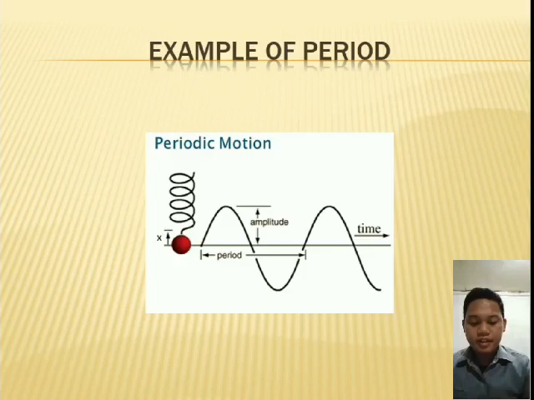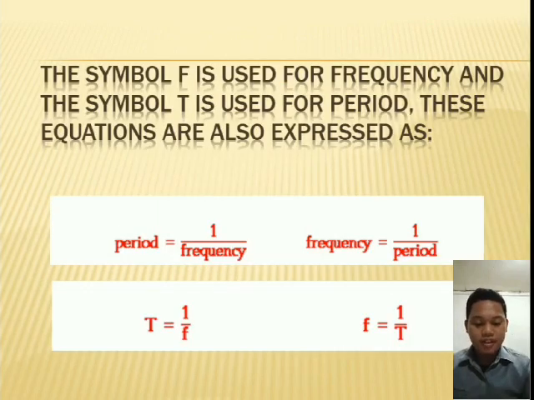The symbol f is used for frequency and the symbol T is used for period.